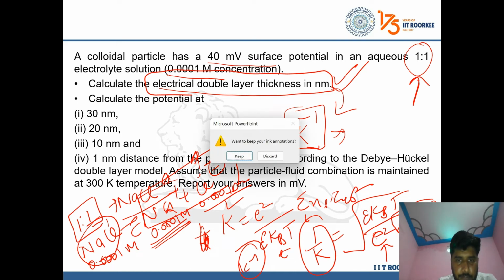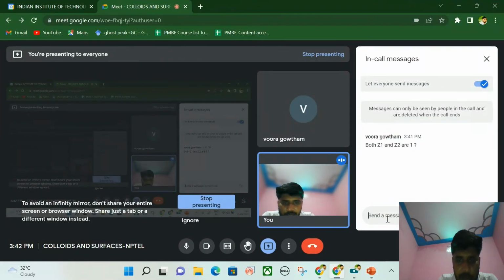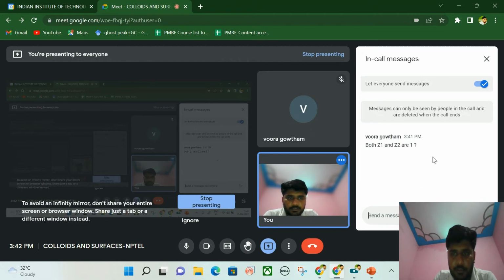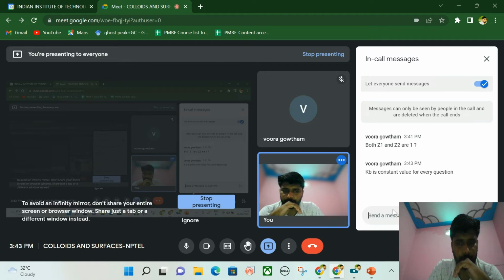Sorry for that, you can just type in the chat box, because your voice is not so clear. Yes, kB is the Boltzmann constant, a constant value for every question.